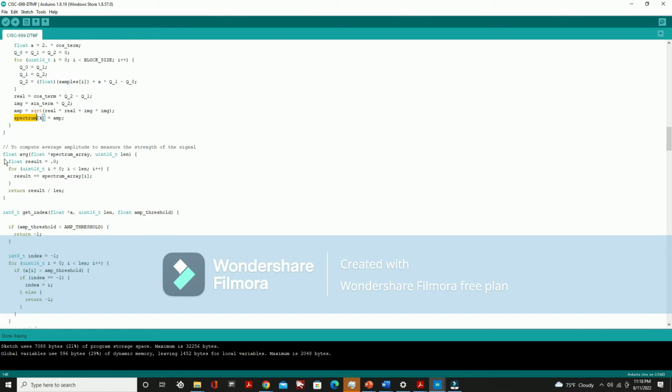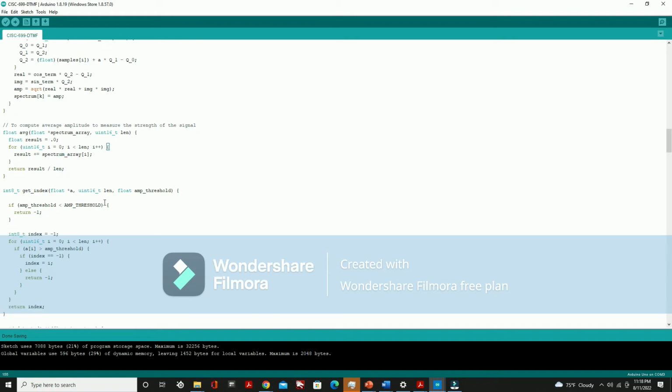This function is used to compute the average of the frequency components.